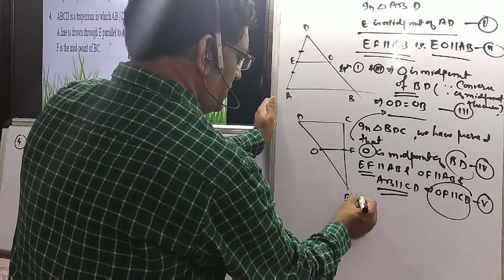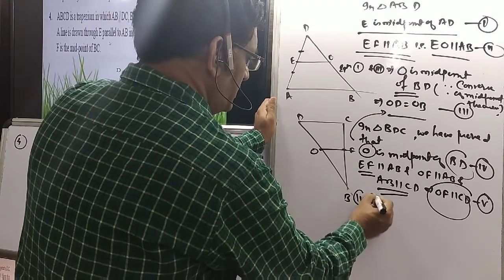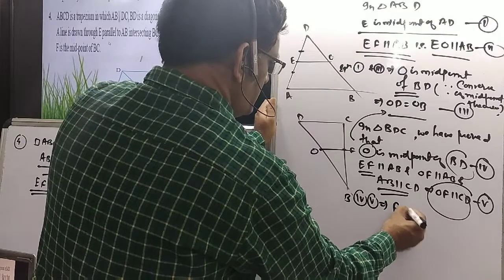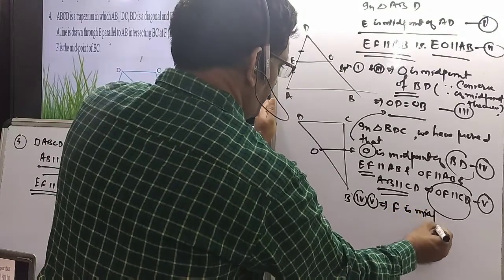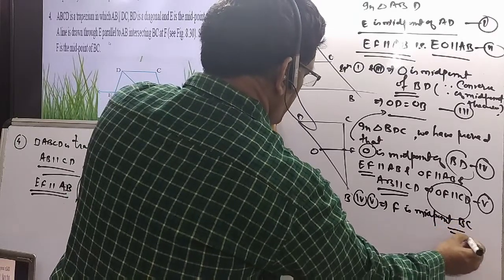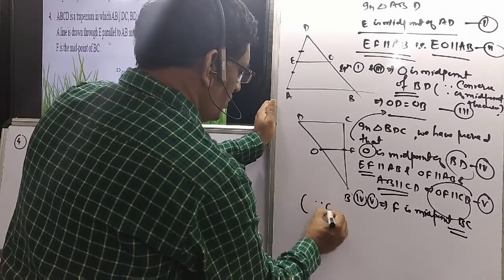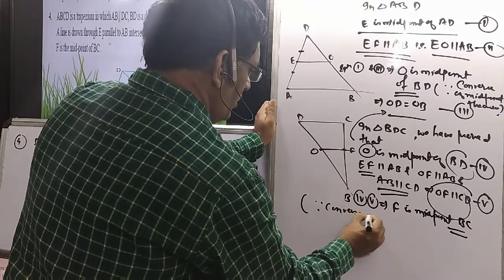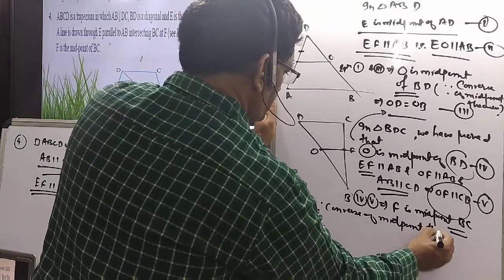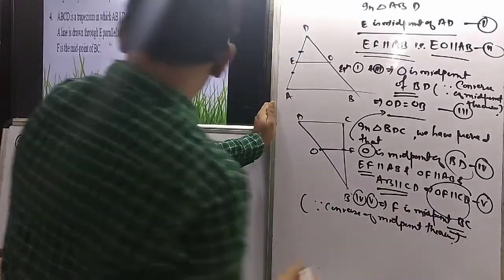So statement number 4 and statement number 5 imply F is midpoint of BC. Reason: converse of midpoint theorem.